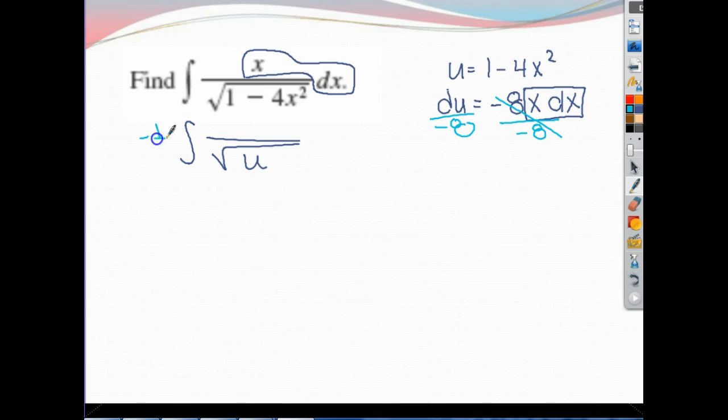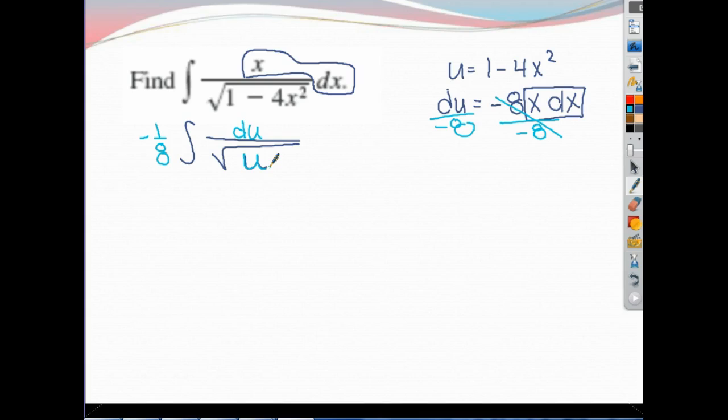That -1/8 on the du is still your constant. So bring the constant out in front. Keep your fractions easy. Get them out of there. Do you see the connection? Can you go from the line to the line? Can you go from the x's to the du's?